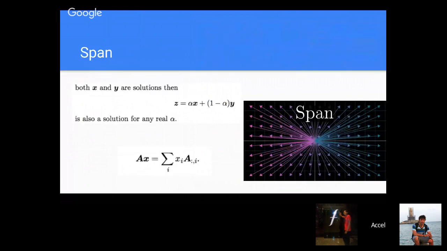So the next topic that's covered is linear dependence and span. So we know that the span of a set of vectors is the set of all the points obtainable by linear combinations of the original vectors, right? So for the inverse of A to exist, there must be exactly one solution for every value of b.